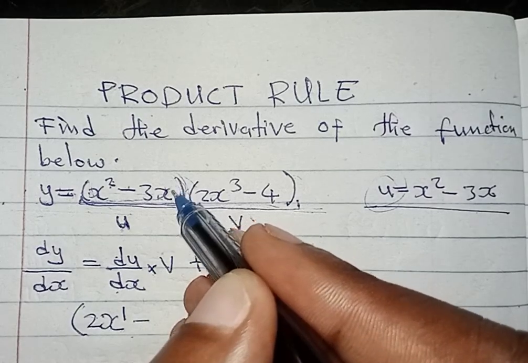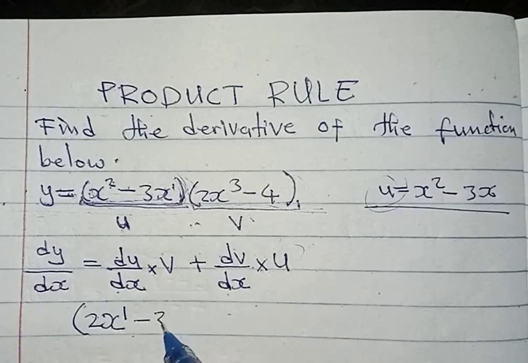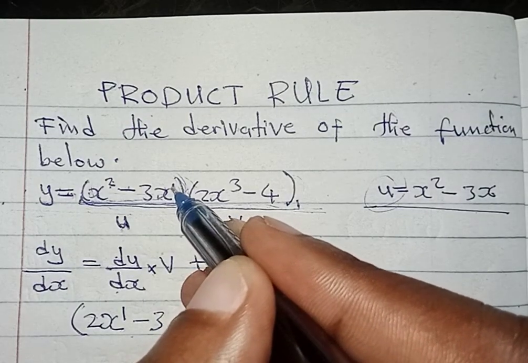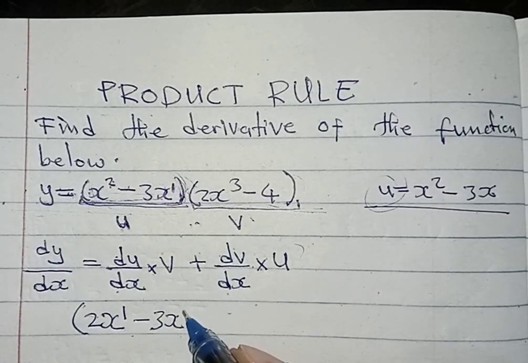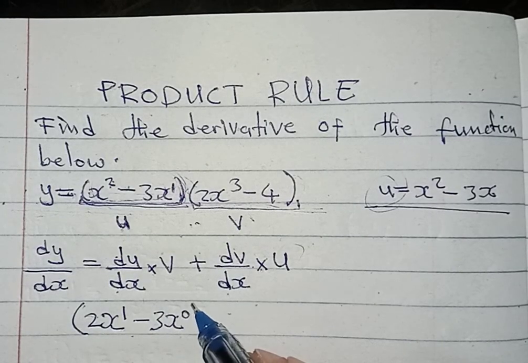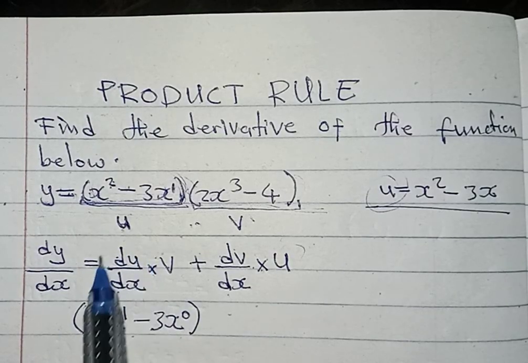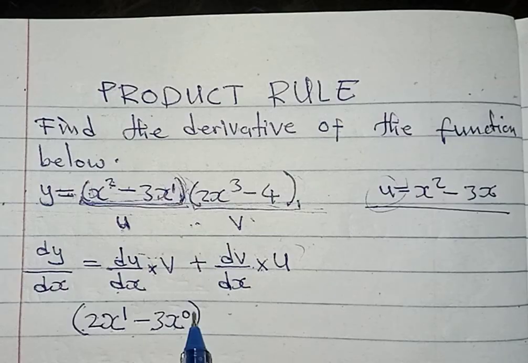Minus the power on x is 1. We say 1 times 3 is 3. Reduce this power on x by 1. So we have 1 minus 1, we get 0. So this will be x to the power 0, like that. This is du dx. So our du dx is 2x to the power 1 minus 3x to the power 0.